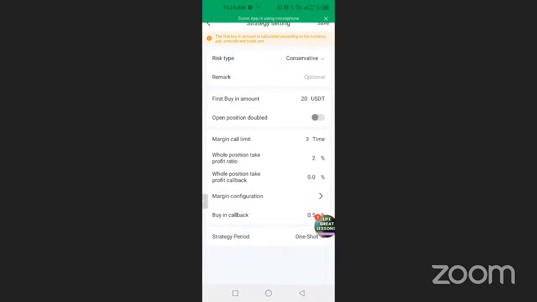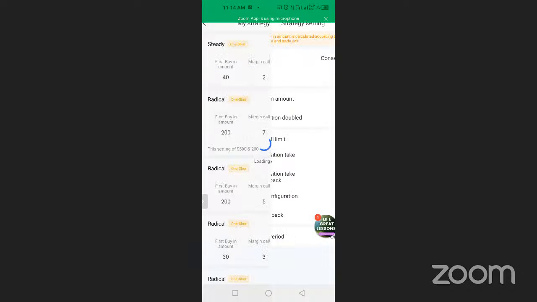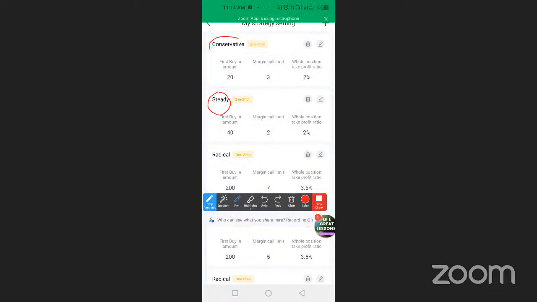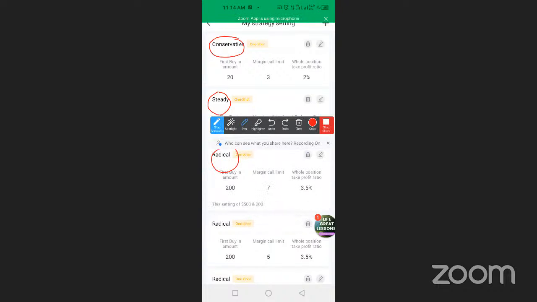Okay. Sorry for that. So you now click here, save. I've saved it. You can see it here. The first one I did was steady, this conservative, this radical. So I have many of the settings. You understand? That is here. So if any trade now comes, I can decide any of the strategy I want to use.